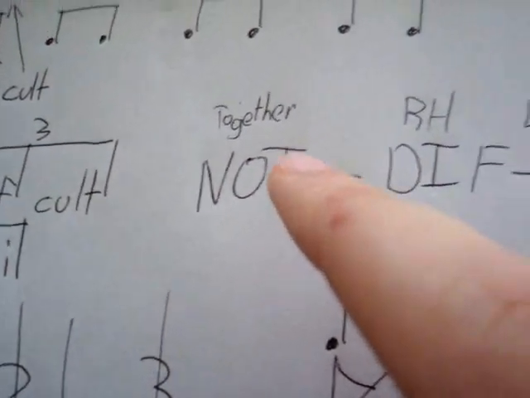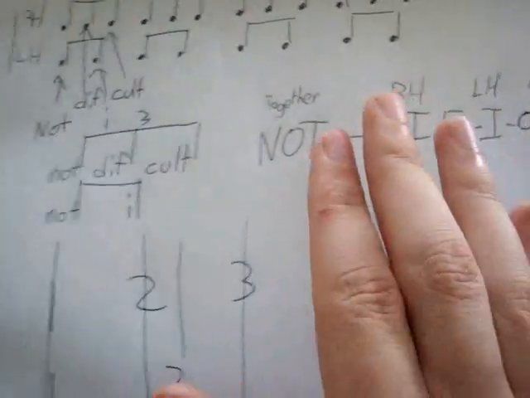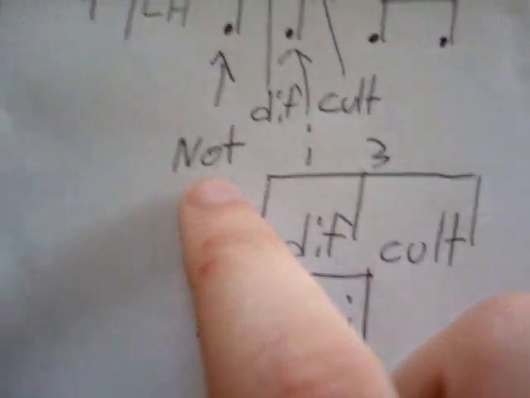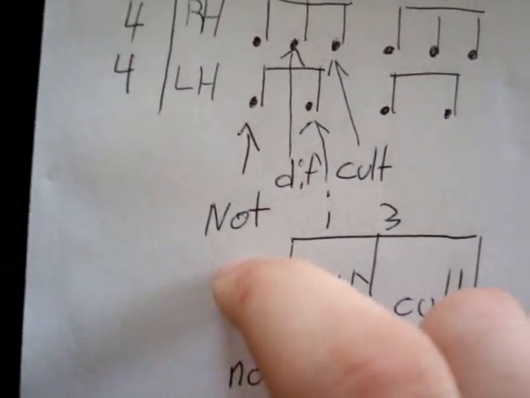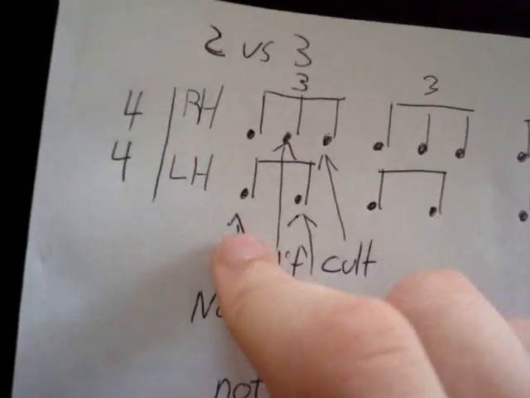So what you'll do is you'll go, not difficult, not difficult, not difficult. Now, how this will actually look, I wrote out a little diagram here. When you say "not," you're going to play the first two notes together.